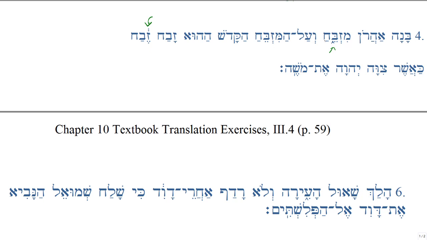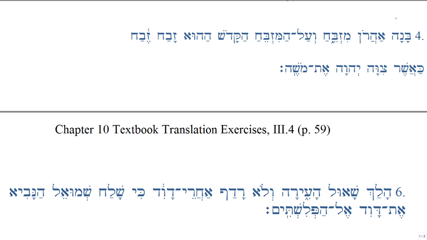It divides everything from the left of the atnach through the rest of the verse all the way to the end. Notice also that when these disjunctive accents occur in the middle of a word, they give you the tone syllable for that word. Here we have mizveach, and here we have zevach. The zakef katon here is on the first syllable, zevach.